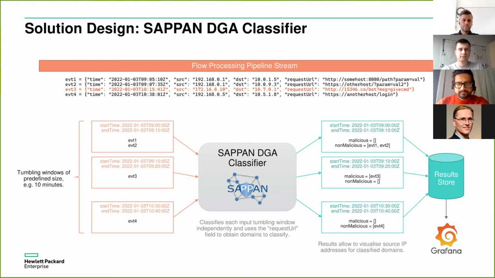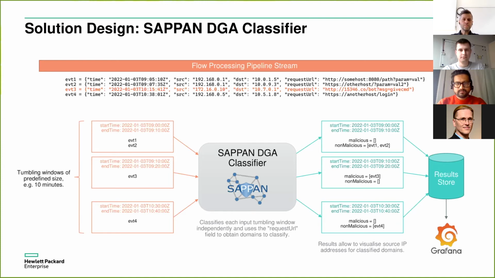The DGA classifier is not truly stream based, so what we have to do is create tumbling windows of a fixed size, for example 10 minutes, where we accumulate events from this stream to process in the DGA classifier at regular intervals.